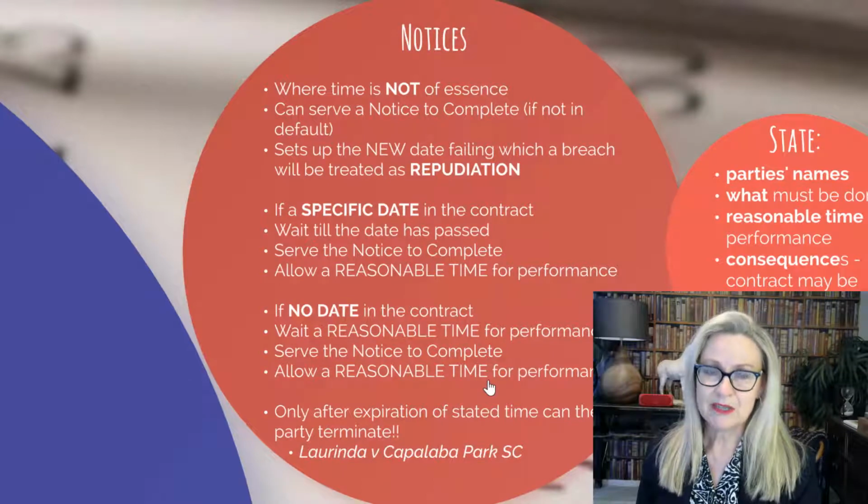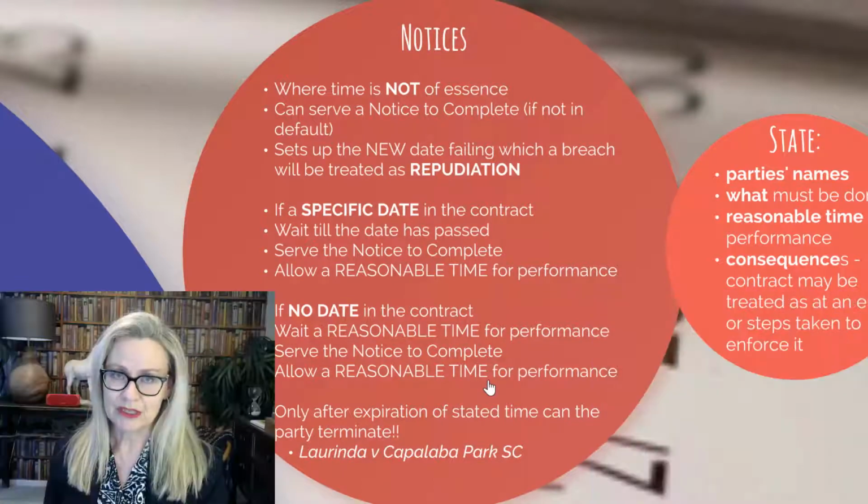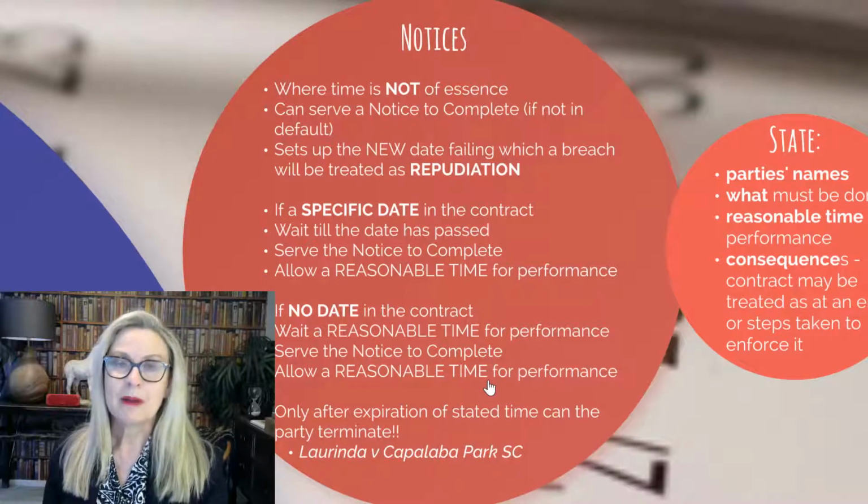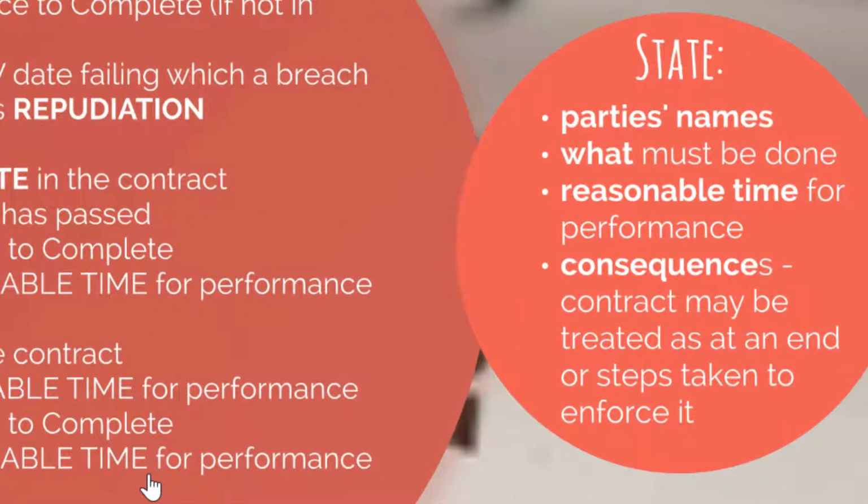The main big ticket items for inclusion in your notice to complete, obviously the parties' names, but you have to tell the other party what they have to do, and allow that reasonable time for performance. Anything less than 14 days pretty much is going to be a bit dodgy, according to the case law in a court's eyes. And you need to say the consequences of failure to perform.